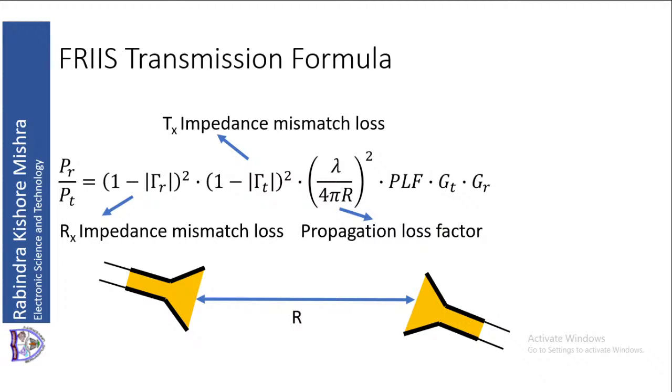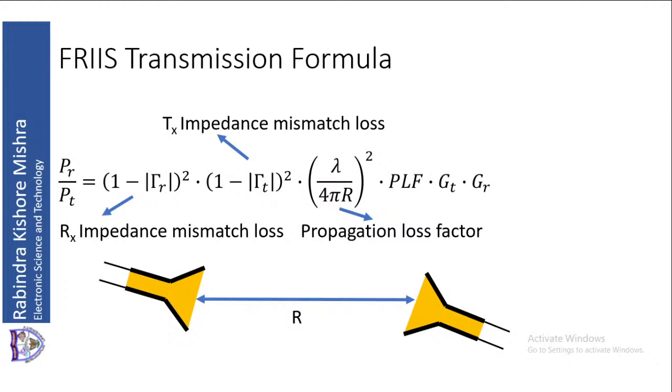Then as the electric field propagates in free space, there will be some loss in free space, which is called the propagation loss factor. As you know, the field varies as 1 by R. So this loss will be lambda by 4 pi R, whole square.